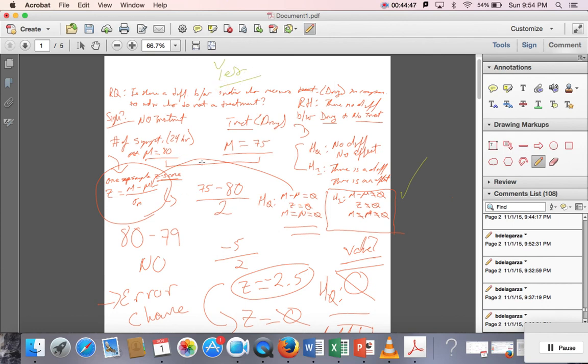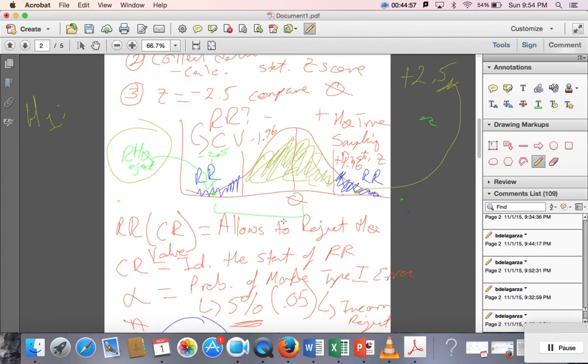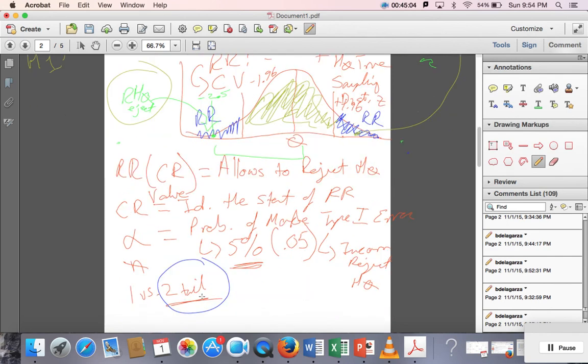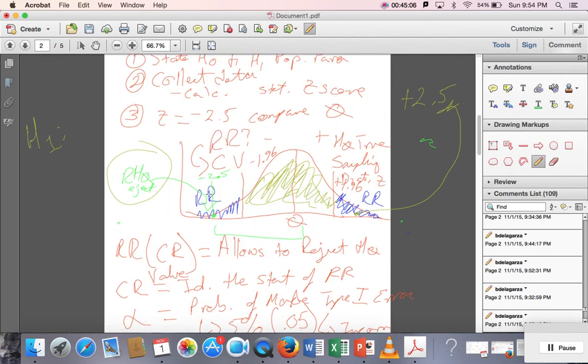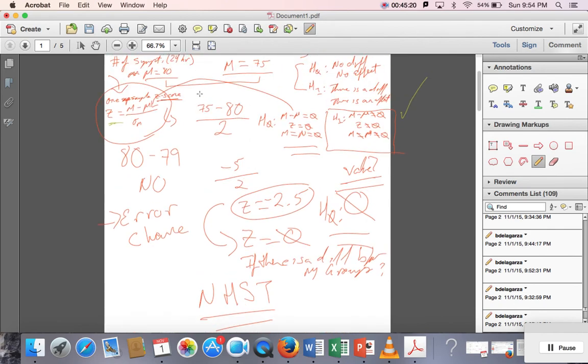Because when I calculated the difference between those two values using my z-test, giving me a z-value of negative 2.5, I was able to go down into my distribution and identify my regions of rejection based on my alpha level and the number of tails that I'm interested in. I identified that my statistic of negative 2.5 landed inside the region of rejection, thus allowing me to reject the null hypothesis, and conclude that the difference between my average and the population average is extreme.